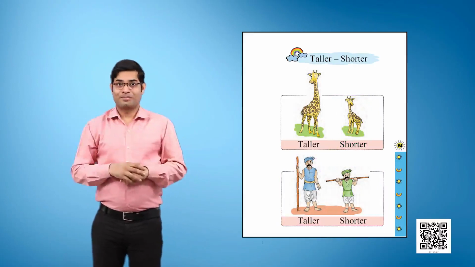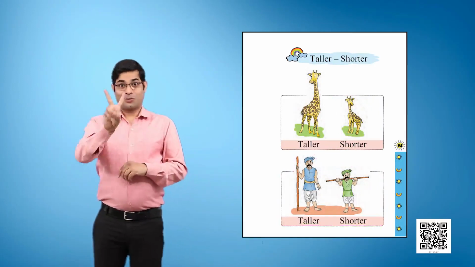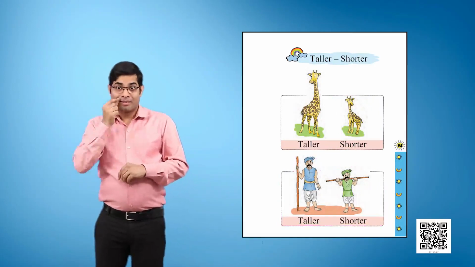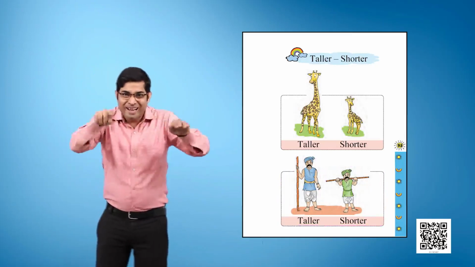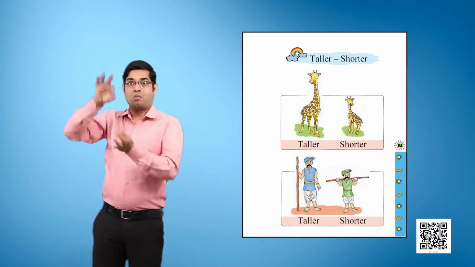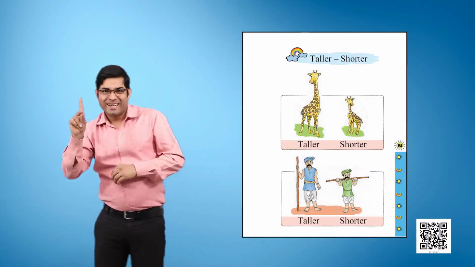Part 1, Picture 2 shows two men. First man is taller than you, and the second man is as tall as you.